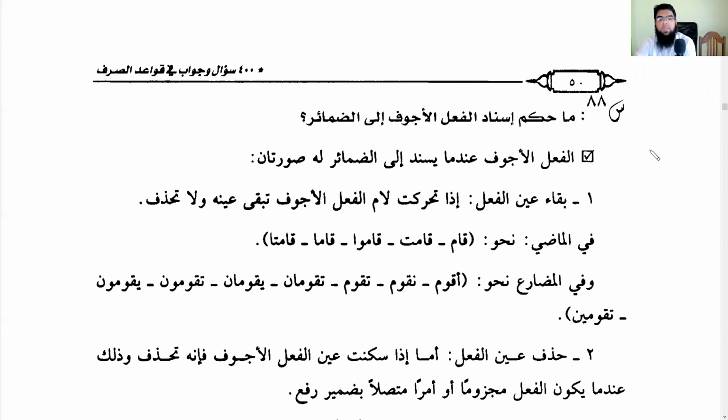One is keeping the ayn of the verb remaining. So what is the ayn al-fi'l? It means fa kalima, ayn kalima, lam kalima: the middle letter, you keep it like that. إذا تحركت لام الفعل الأجوف تبقى عينه ولا تحذف.